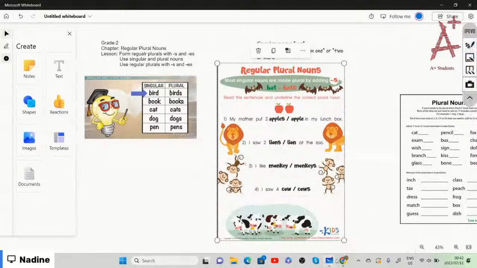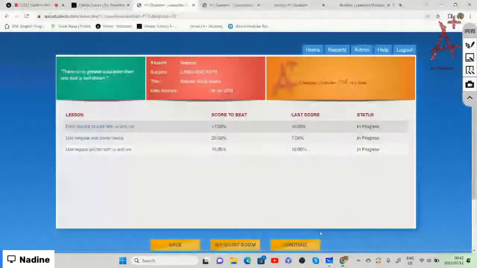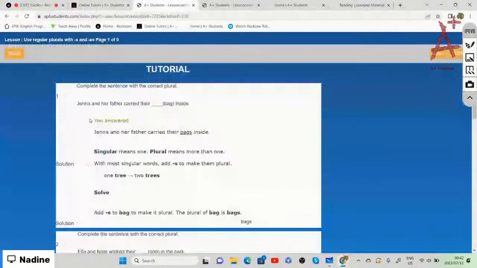All right, so we're going back to our tutorial. And we're going to do the last one that says use regular plurals with S and ES. And we said that singular means one, plural means more than one. And with most plural words, we just add an S to make them plural, right?